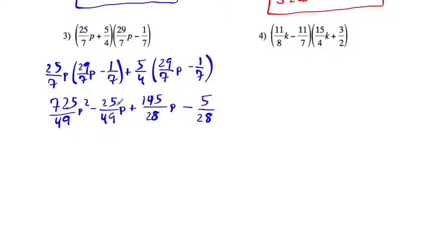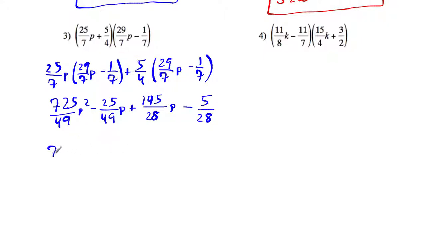So here, greatest common factor between 49 and 28. If I just multiply them together, I get a really big number. But this is actually 7 times 7, and this is 7 times 4. So I could probably find another factor of 7 that they both go into. But you know what?